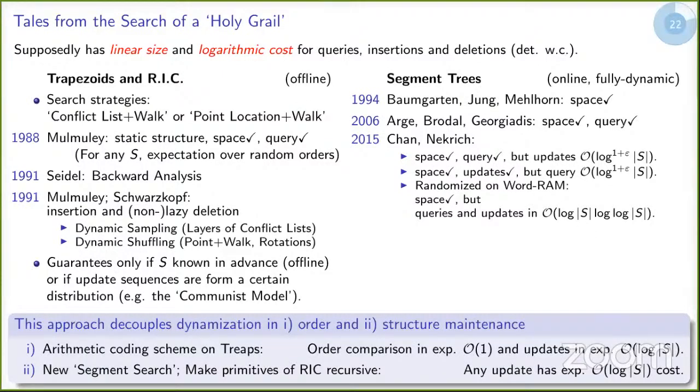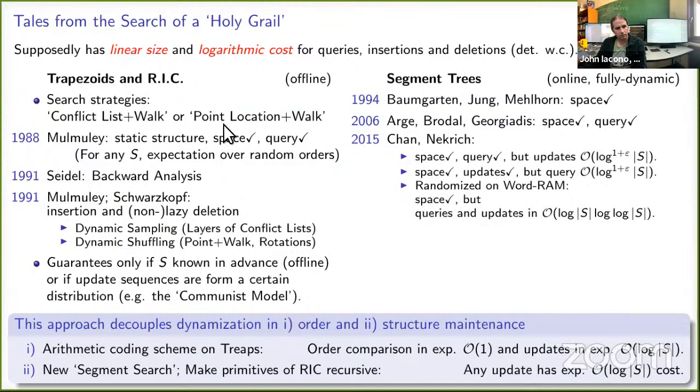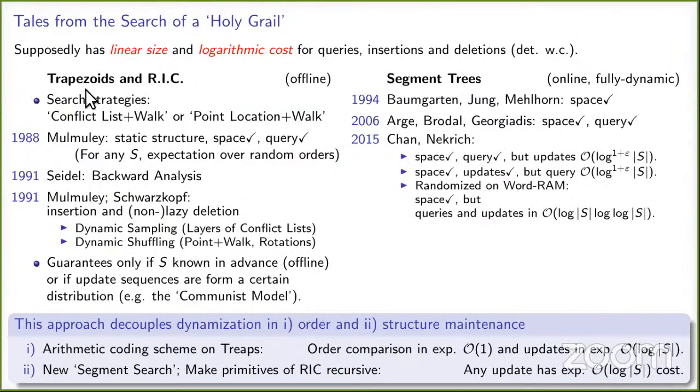And what our approach does is conceptually a little more back to the roots. So we focus on the randomized incremental approach, but our approach decouples the problem into two separate things.